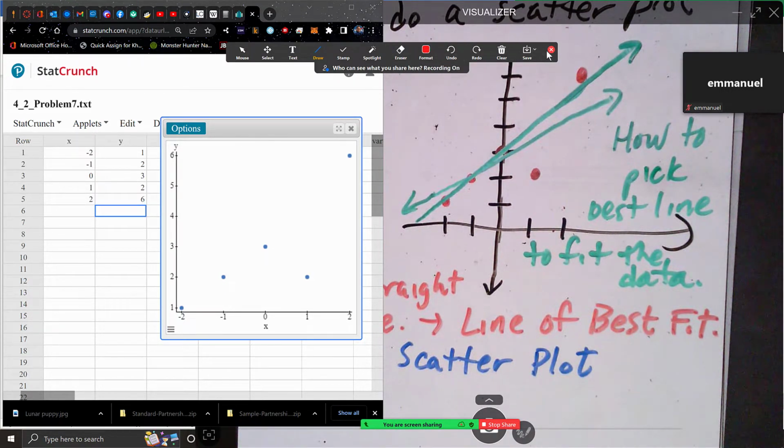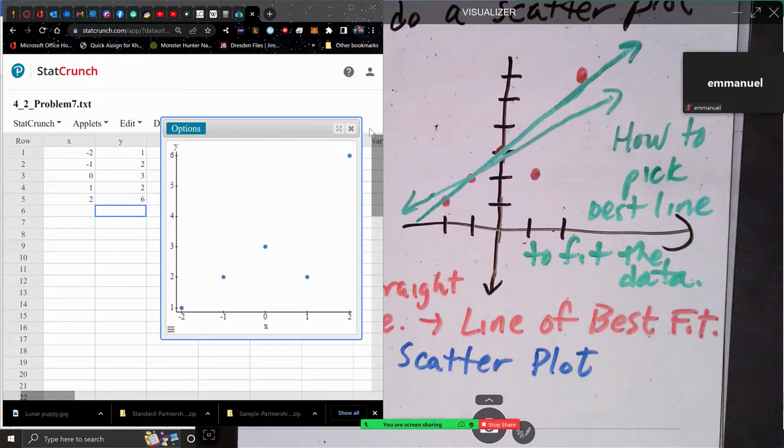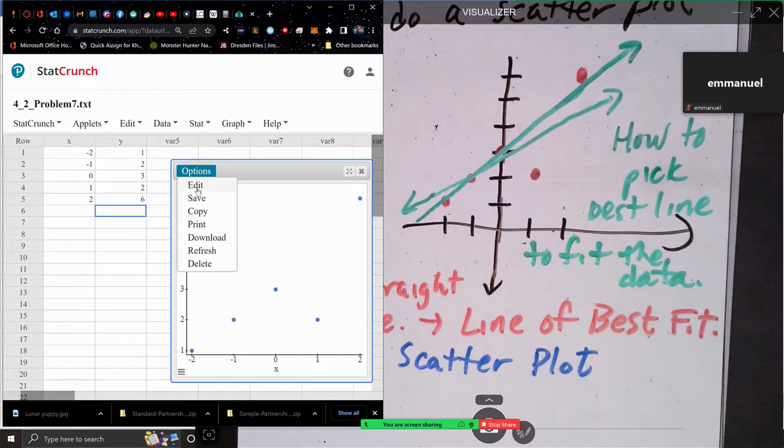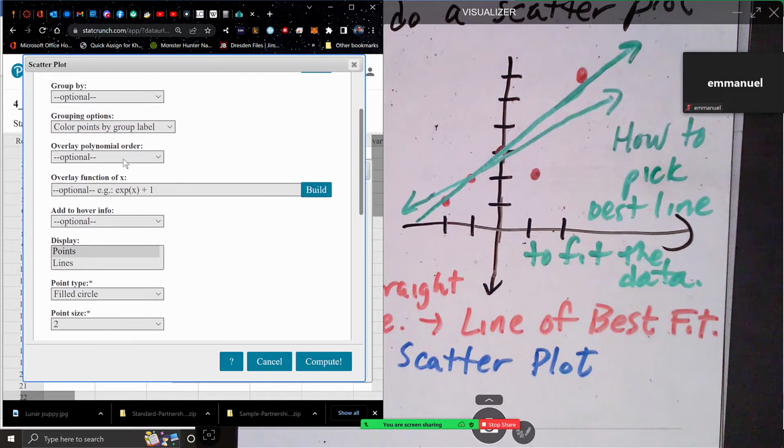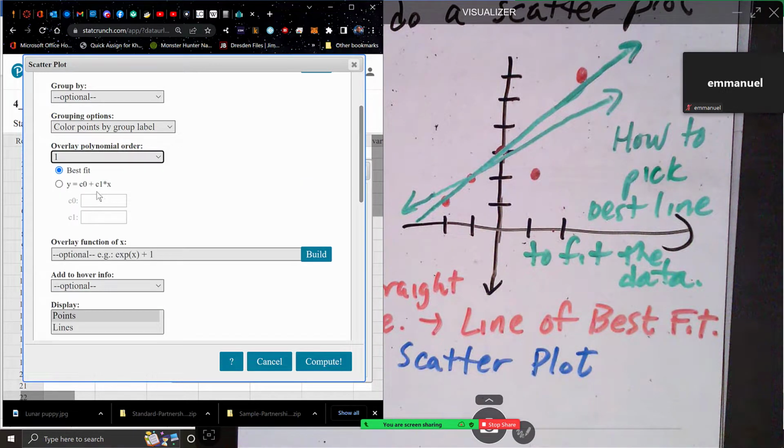Undo, turn that off. I don't need annotate on anymore. Is it something I can edit in the scatter plot that will do it? Oh, I can. I can say overlay a polynomial of order 1, and it'll give me best fit as an option.